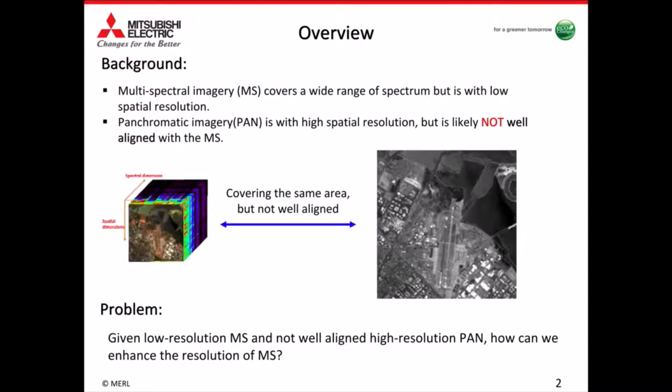Therefore, there often exists spatial misalignment between them. Blind pan-sharpening, therefore, addresses the problem of enhancing the spatial resolution of multispectral imagery so that it is well aligned to panchromatic imagery with consistent sharpness.